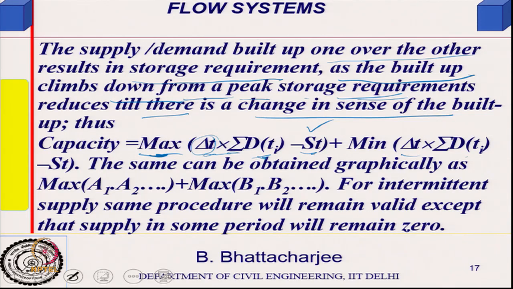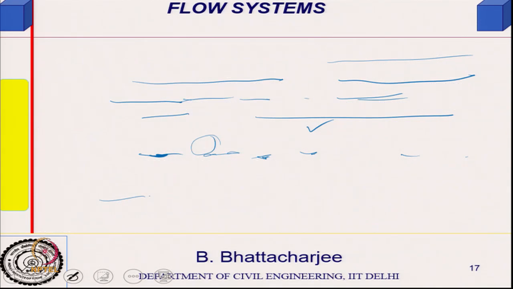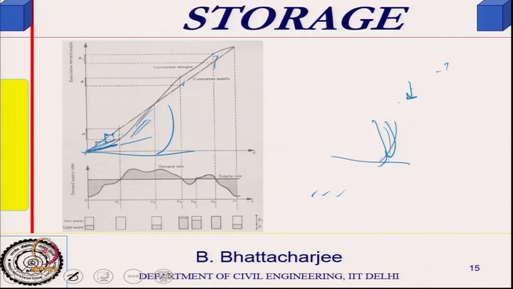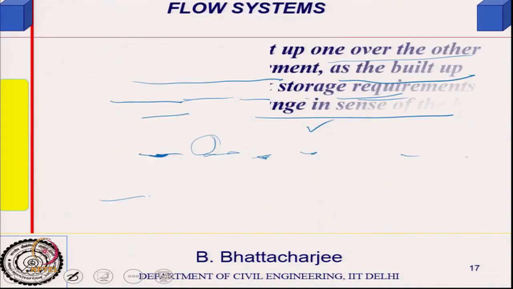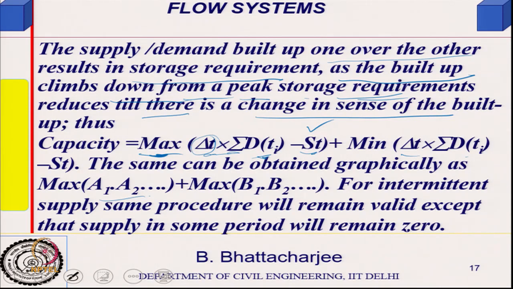So, as I said, maximum of A 1 A 2 or Y 1 Y 2 and maximum of B 1 B 2, that is what I was saying. Maximum of this, you call it A 1 A 2 or B 1 B 2, B 1 B 2 is here. So, maximum of or Y 1 Y 2 etc., I can call it also.